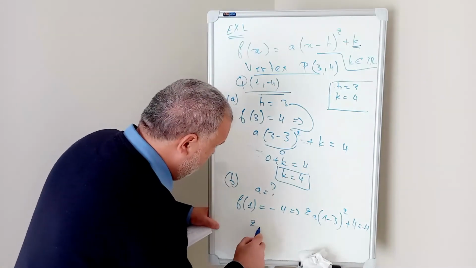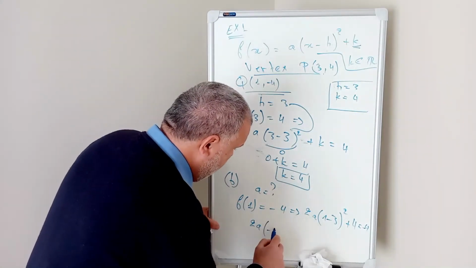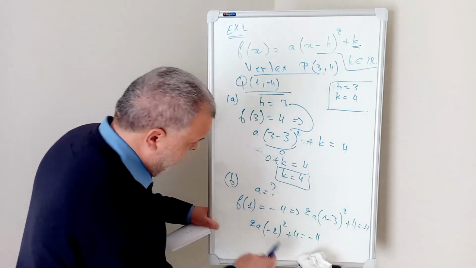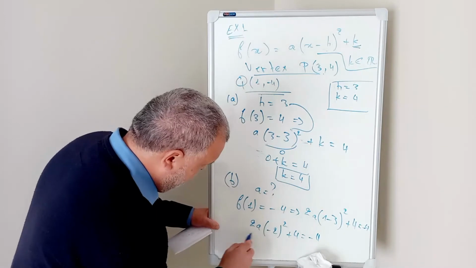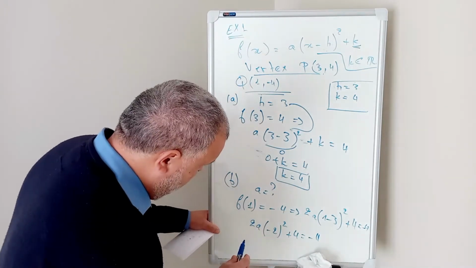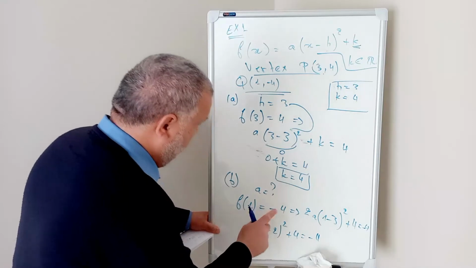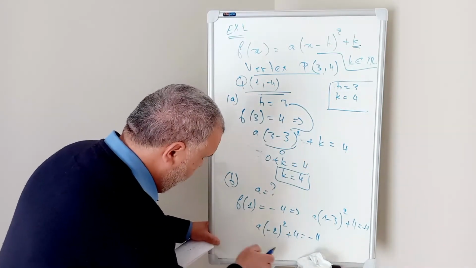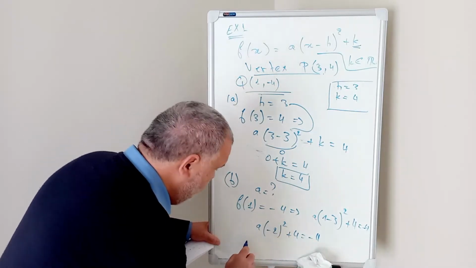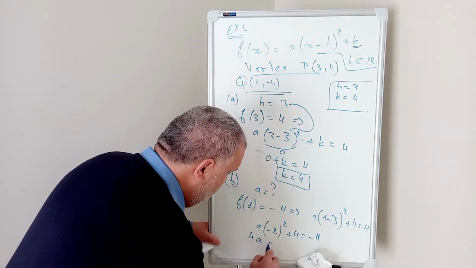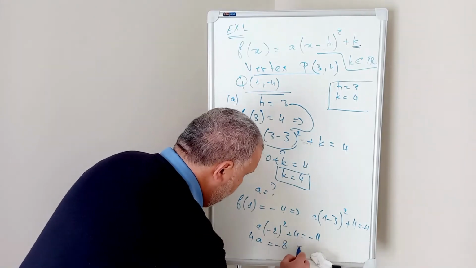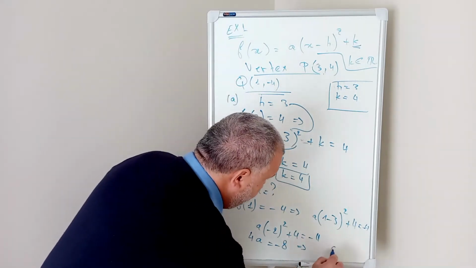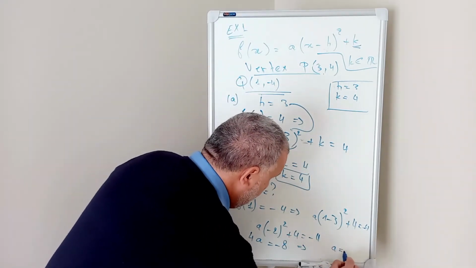So we have a times (minus 2) squared plus 4 equal to minus 4. Minus 2 squared is 4, so 4a is equal to minus 8. This means that a is equal to minus 2.